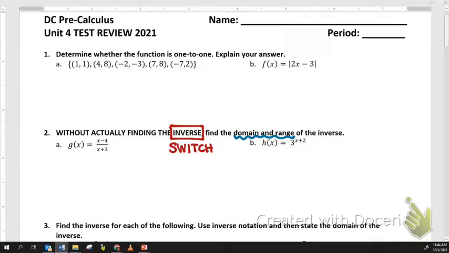So I need to figure out what the domain and range is on h of x, and then I'll just swap them for my inverse. What is the domain? What are the things I'm allowed to use for x in this exponential function? All real numbers. So in my inverse, that would be my range.